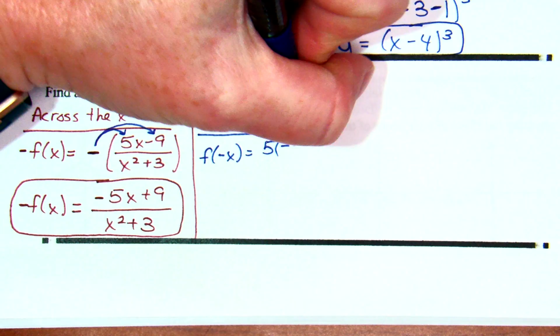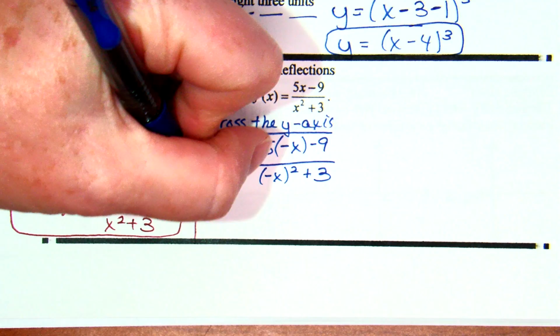Every time I see x, I replace it with negative x. So on top, it's 5x minus 9, so I'm going to say 5 times negative x minus 9. The denominator is x squared plus 3, so I'm going to say negative x squared, or negative x raised to the second, plus 3.